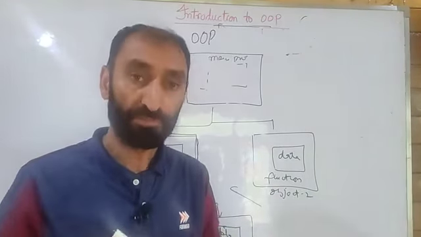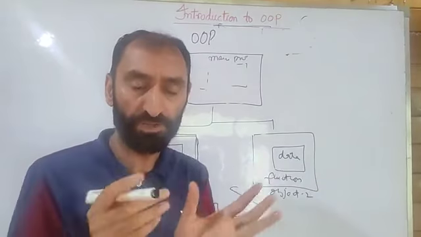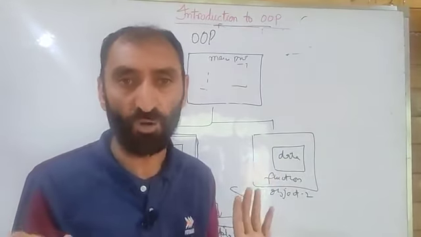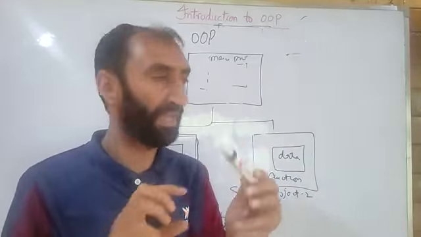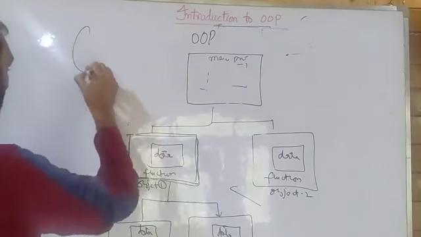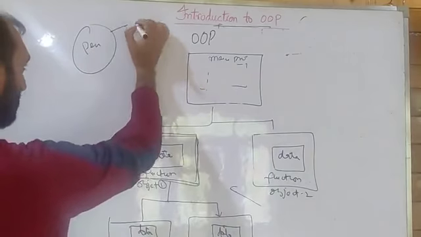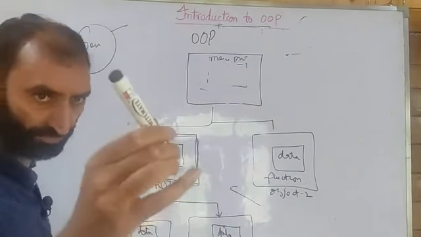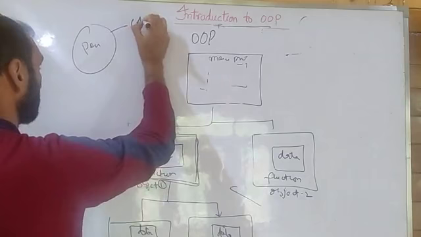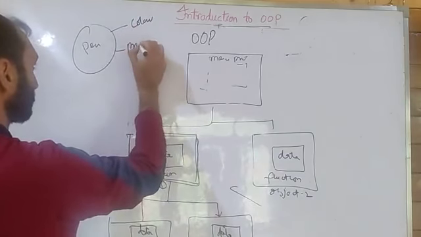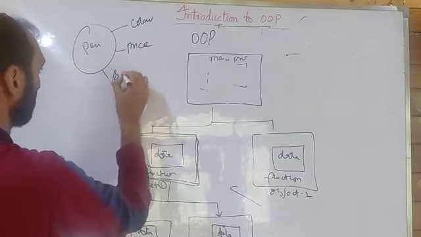What is an object? Anything about which we want to store data is called an object. For example, if this is a pen, this pen object has some properties, or you can say some data, for example color, price, brand.